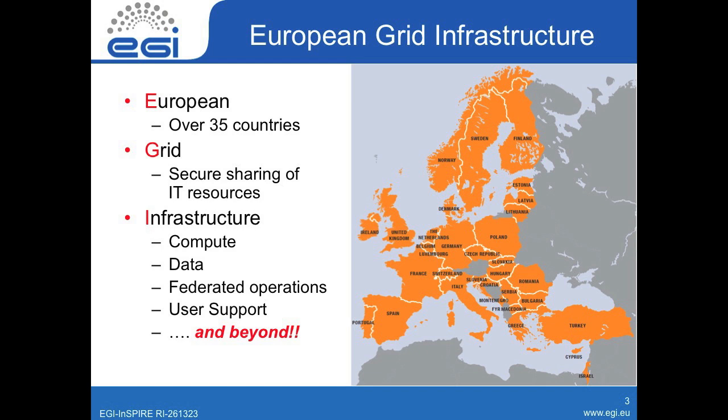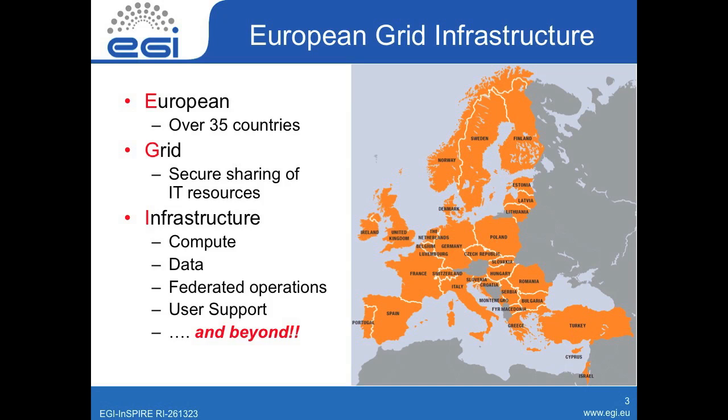Data infrastructures, that means storage servers where users can upload and store their data, their files, in a distributed manner in the different resource centers. But to put together this distributed amount of resources, there is need also for other activities. So EGI provides also federated operations that are constituted of global tasks.